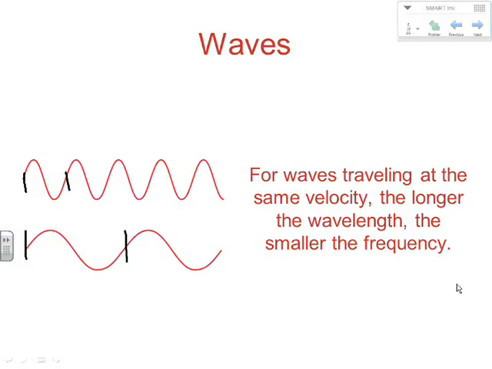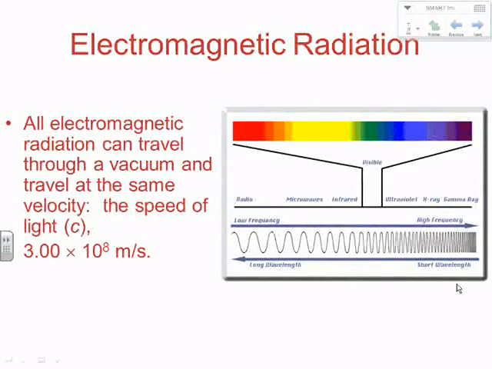So the relationship is the longer the wavelength, the smaller the frequency. The greater the frequency, the smaller the wavelength. So between these two waves, you can see that visual relationship. Fundamentally, the wavelength and the frequency of a wave are inversely proportional to each other. When one gets bigger, the other gets smaller.